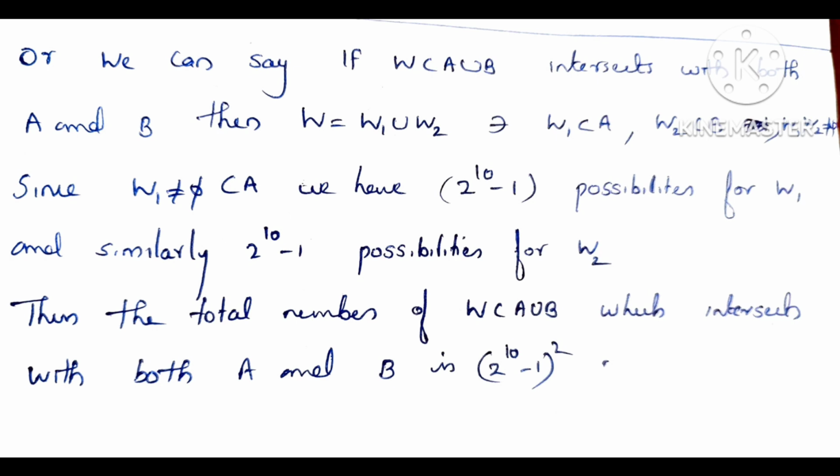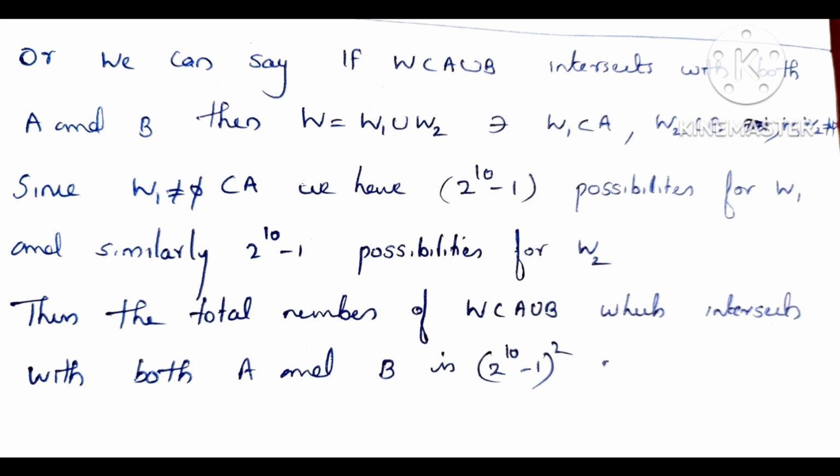without using the combination. Suppose W subset of A union B intersects with both A and B, then W can be written as W is equal to W1 union W2 such that W1 is a subset of A and W2 is a subset of B, with W1 and W2 not equal to the empty set.